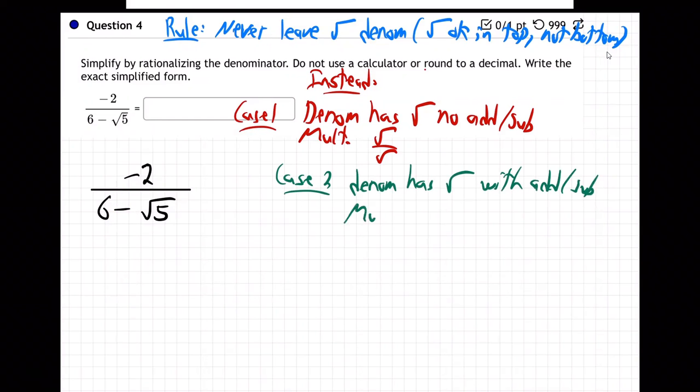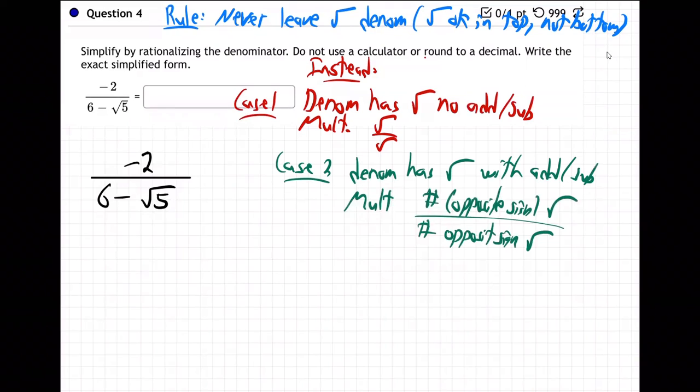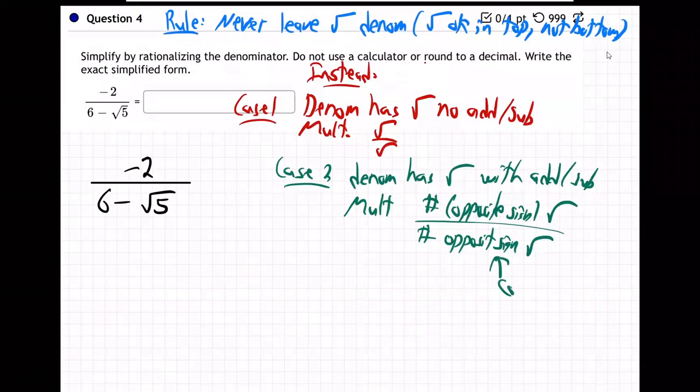You have to multiply by number, opposite sign, root, top and bottom. This even has a name. It's called the conjugate. I'm not going to quiz you on the name, but let me show you what we do.